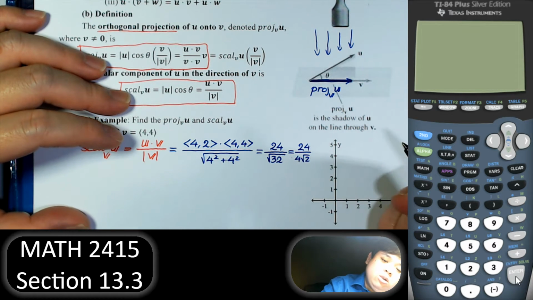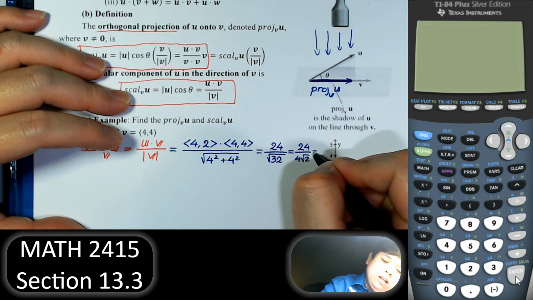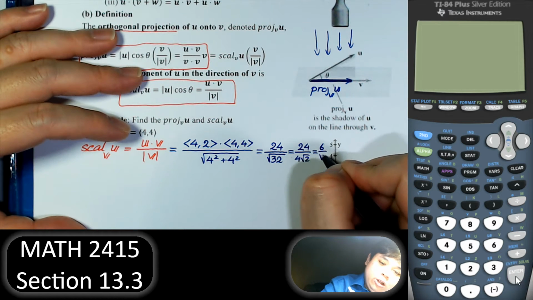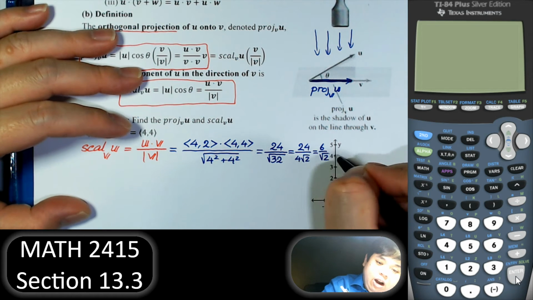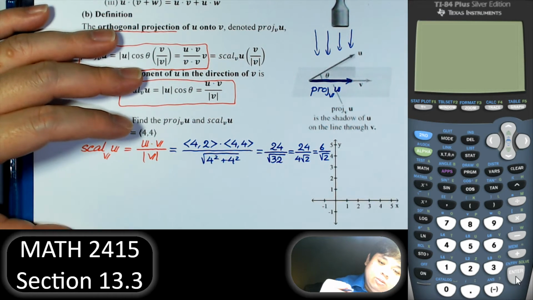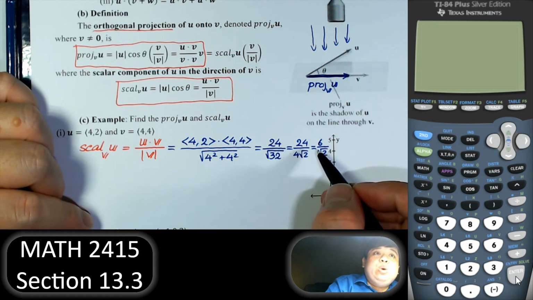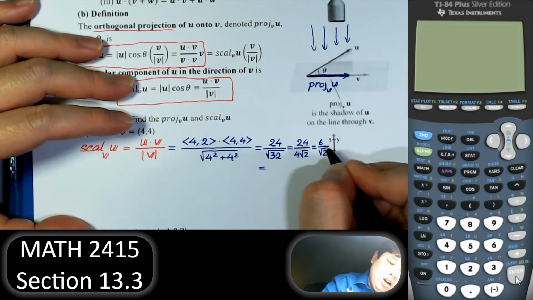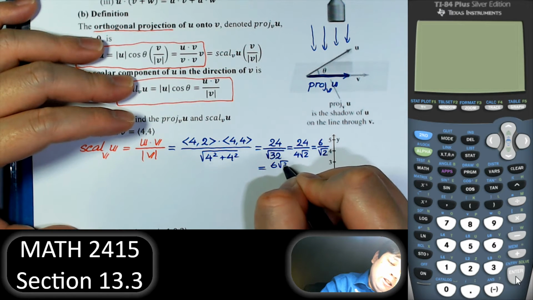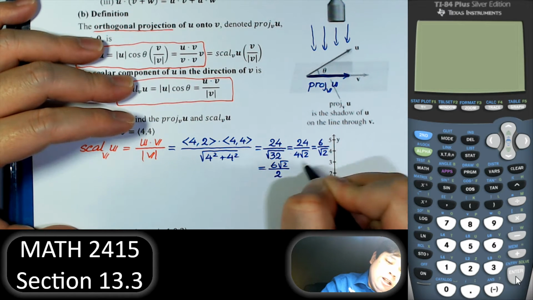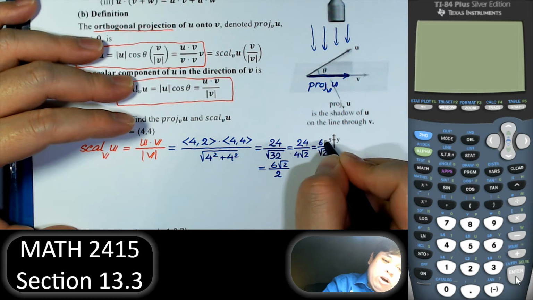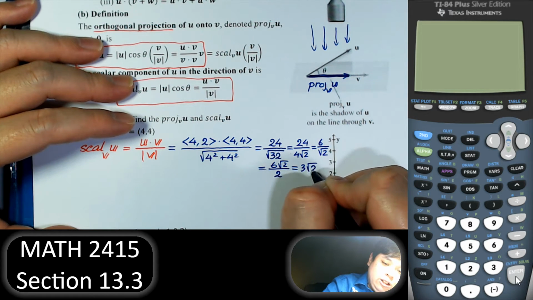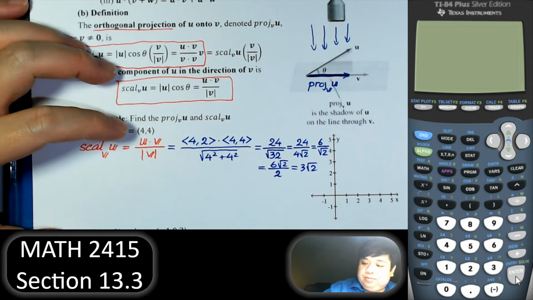Simplifying, we have 6 over square root of 2, or 3 square root of 2 after multiplying the square root of 2 top and bottom. The square root of 2 on top and 2 at the bottom cancel, so 3 square root of 2. So that is the scalar.